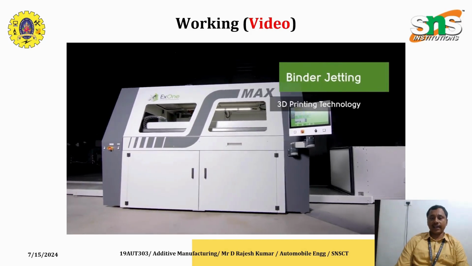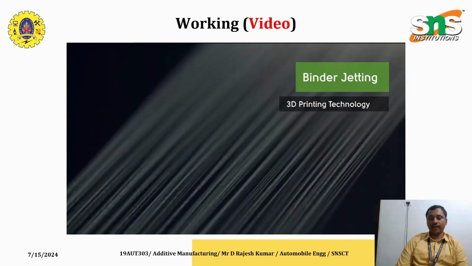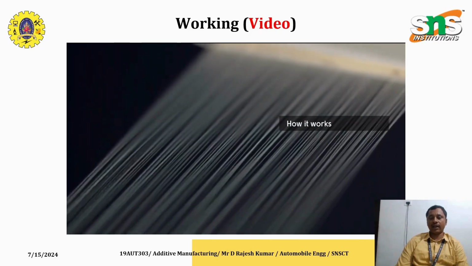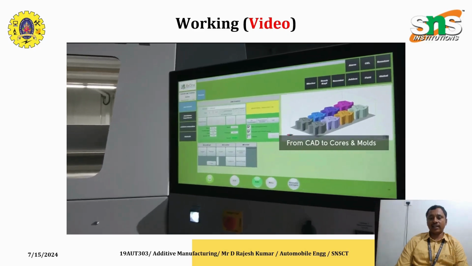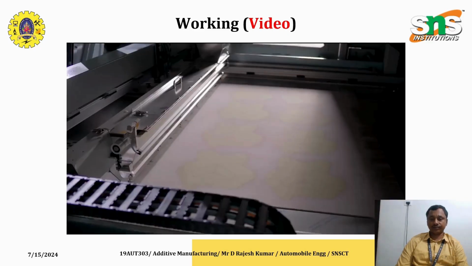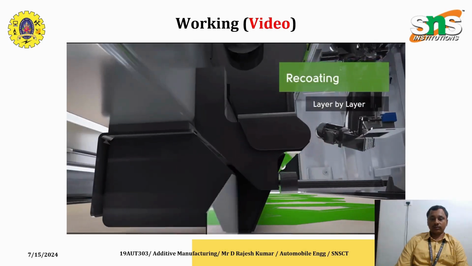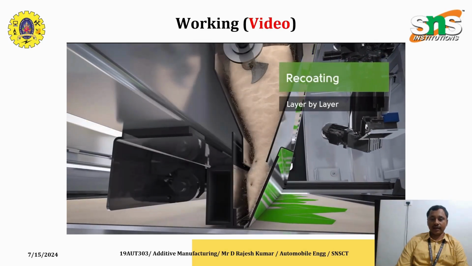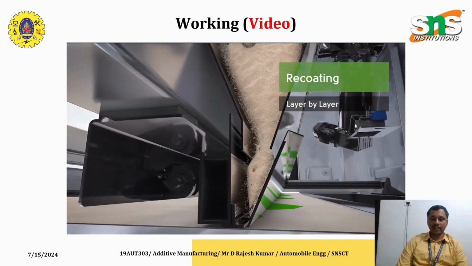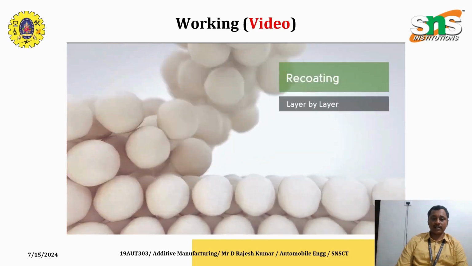X1 is one of the manufacturers who have been manufacturing this binder jetting equipment for years. Once the layer is supplied with binding agent, again it is recoated. This supplies the particle.